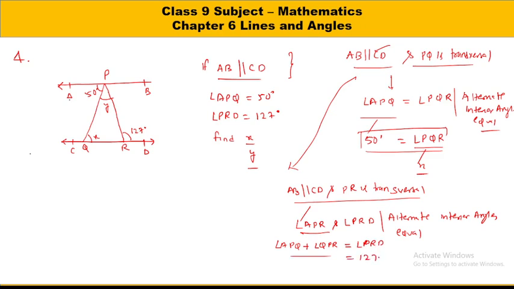Angle PRD is given as 127 degree. Angle APQ is 50 degree, and angle QPR is angle Y. So angle Y will be equal to 127 degree minus 50 degree. When it is subtracted, we get 77 degree. So angle Y will be 77 degree.